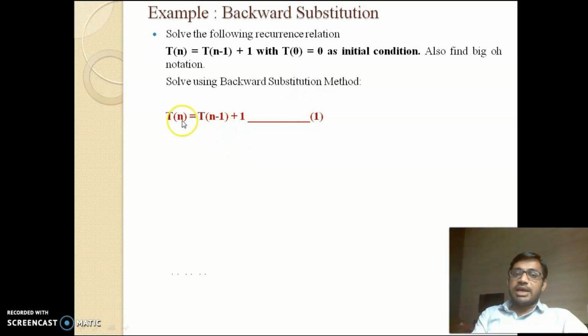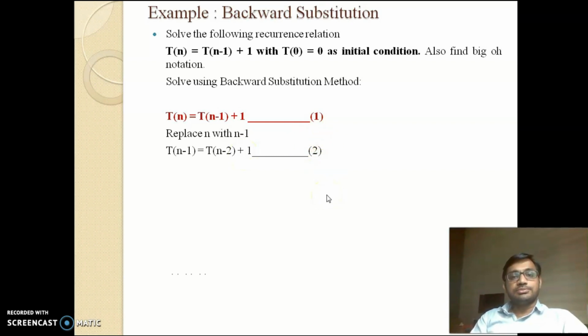Once we replace n with n minus 1 in equation number 1, we get T of n minus 1 is equal to T of n minus 1 minus 1 plus 1. It means that T of n minus 1 is equal to T of n minus 2 plus 1. Consider this our equation number 2.